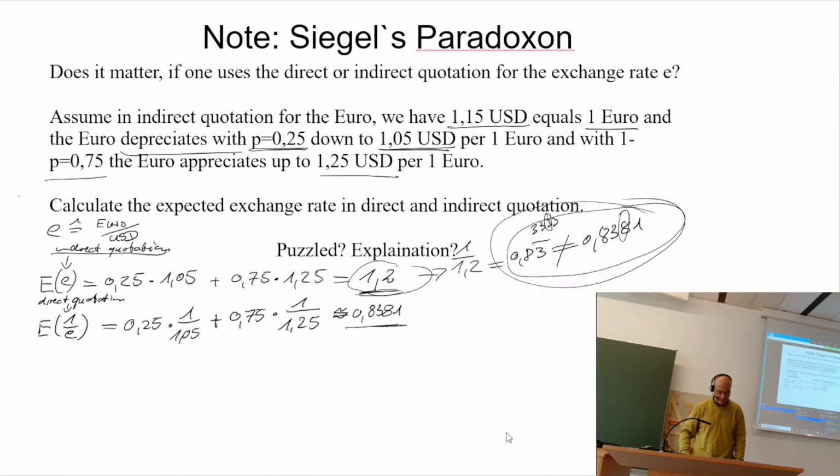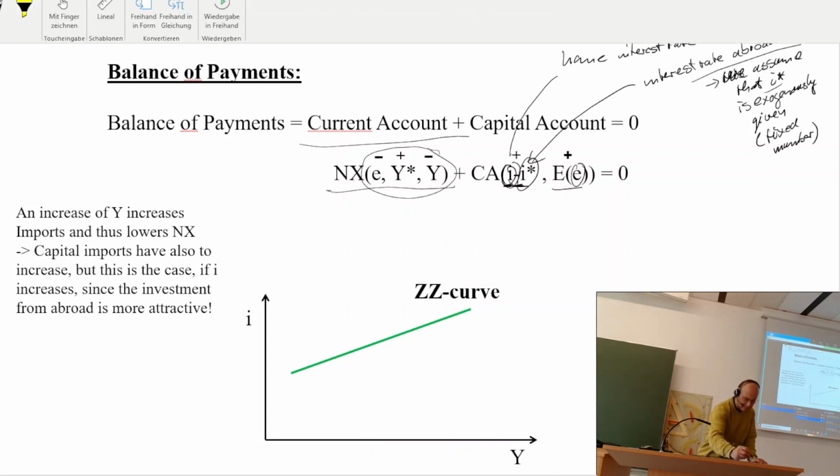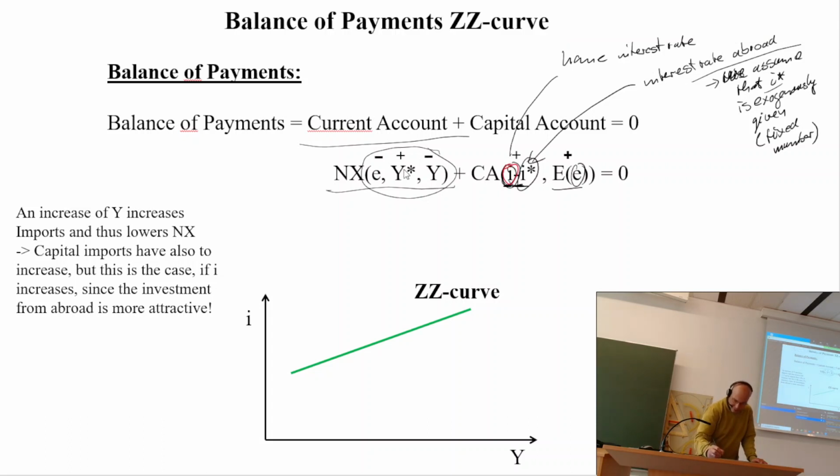And then we can ask, since we have here a dependence on interest rate, and here the dependence on Y, how would the dependence of these ZZ curves look, the curve derived by this equality sign that the balance of payment has always to be balanced. Therefore, we call it balance of payment.